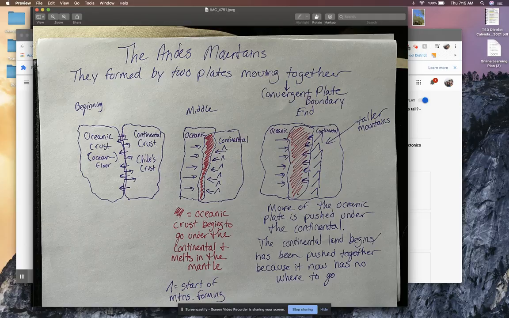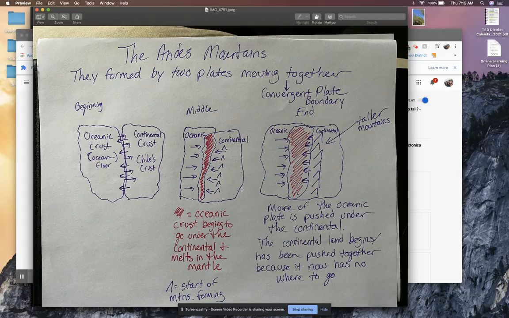The ocean floor gets pushed underneath it, but the continental crust has nowhere to go. So it begins to compress and push together. I kind of think about it almost like an accordion.